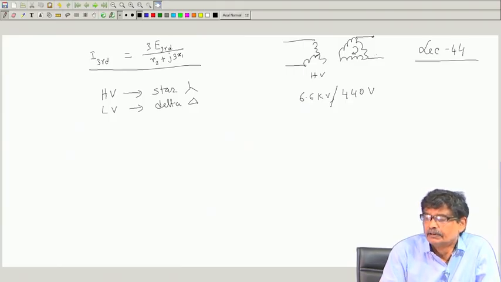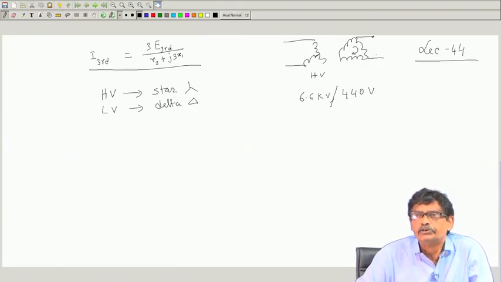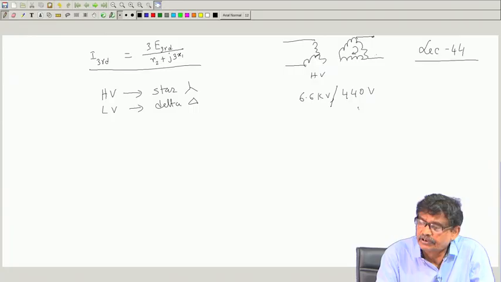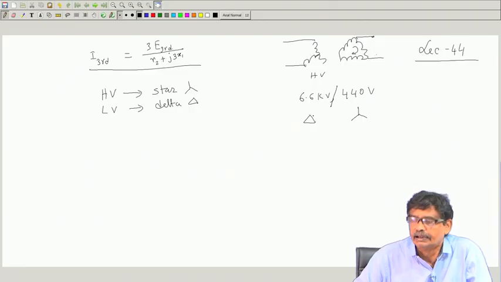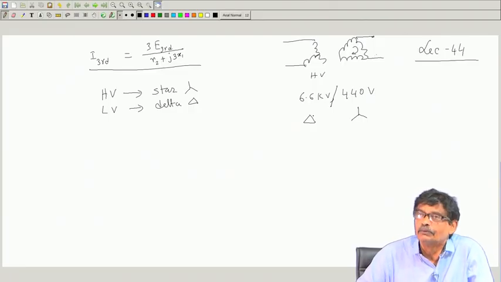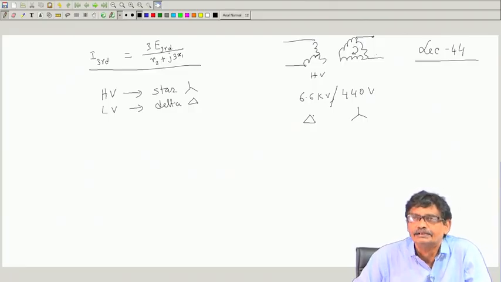What is done? Because it is a distribution transformer, you must have the 3 phases as well as neutral. So, this must be star connected, and this can be selected as delta, because one of the windings I want to be delta, that is the idea.